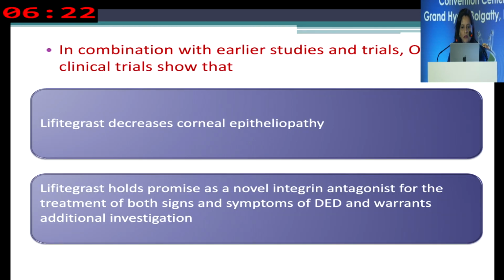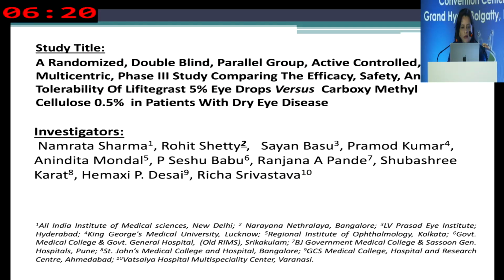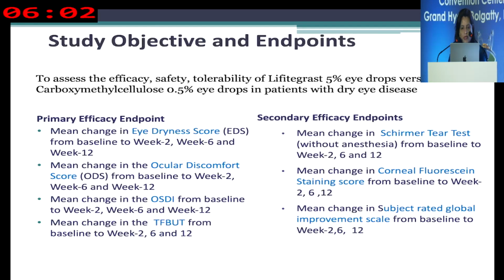Now, this is the multicentric study which was done in India, and this was a randomized double-blind parallel group active controlled multicentric phase 3 study which compared the efficacy, safety, and tolerability of Lifitegrast 5% versus CMC in patients with dry eye disease.